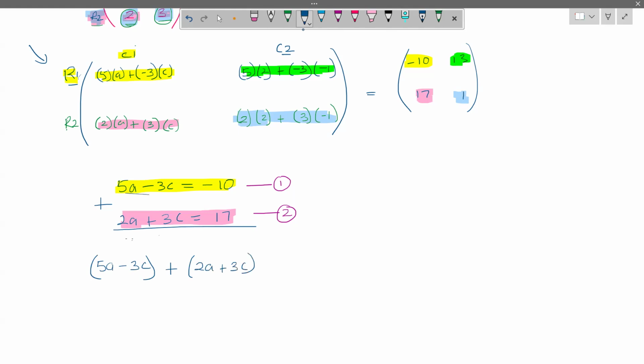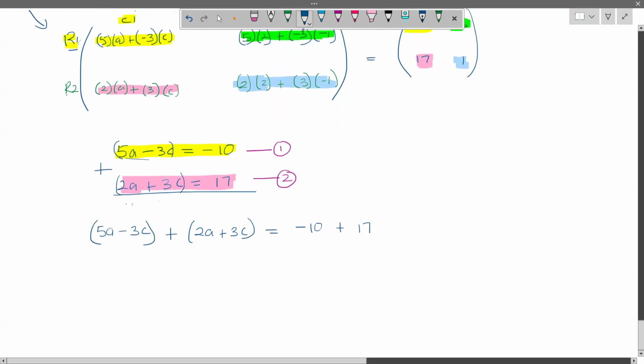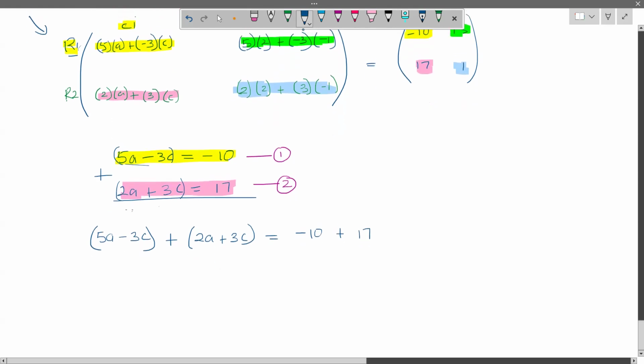Right? So I add this and I add this. Thumbs up if you're okay with that. And then on this side, I have minus 10 plus 17. Everybody okay with that?